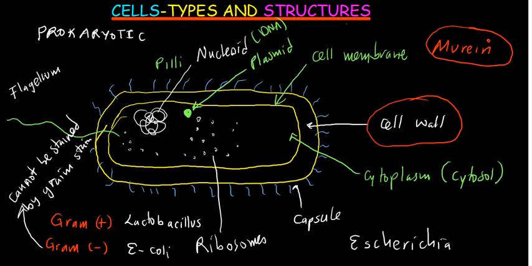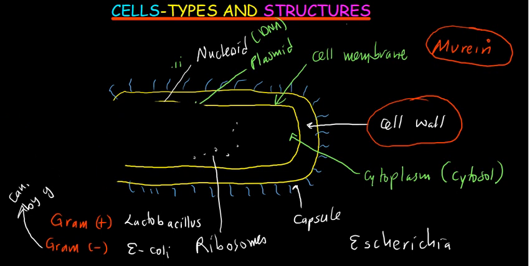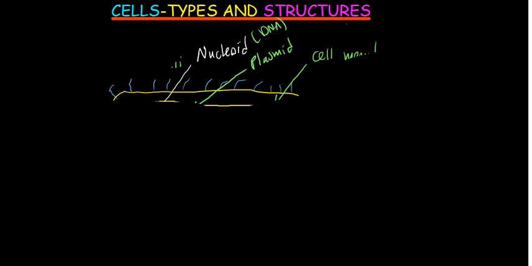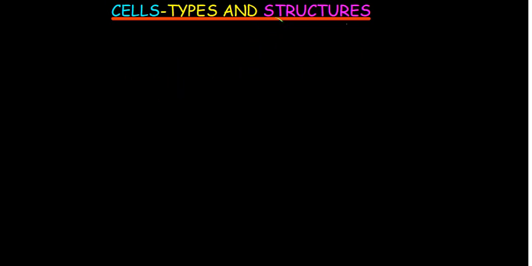Alright. Another thing, we're talking about the cell membrane, which is also called the plasma membrane. For this one, you need to understand the structure more, because the structure is a bit complex. The cell membrane is made up of what is called a lipid bilayer.